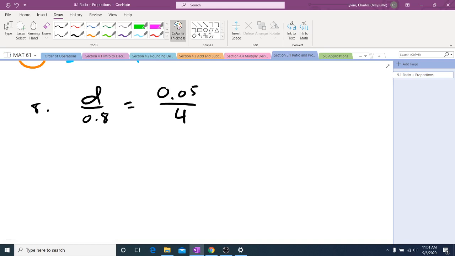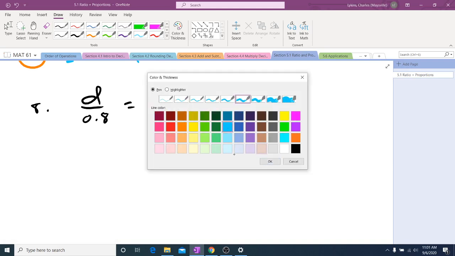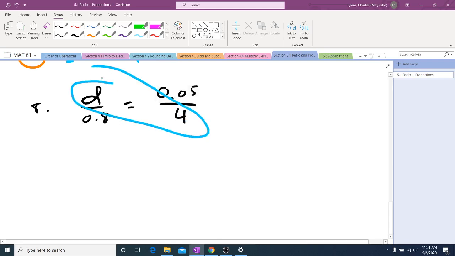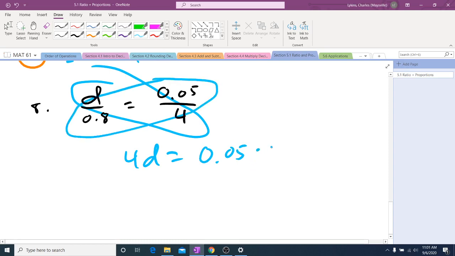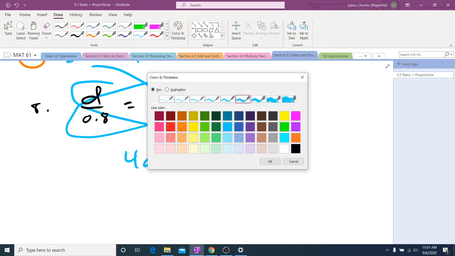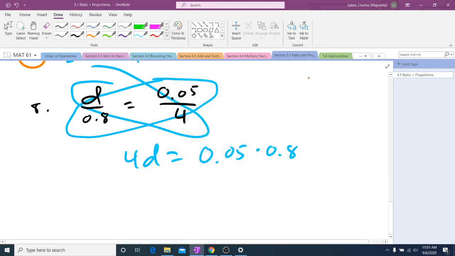Okay, finally, we have decimals. 4d equals 0.05 times 0.8. So let's just say we don't have a calculator. So that's 4, 0, that's 4 right here.